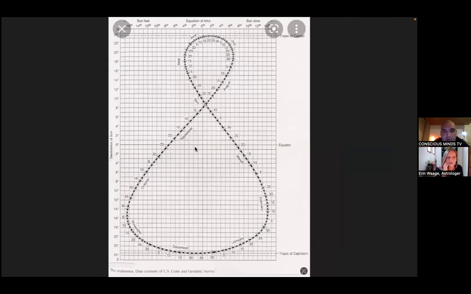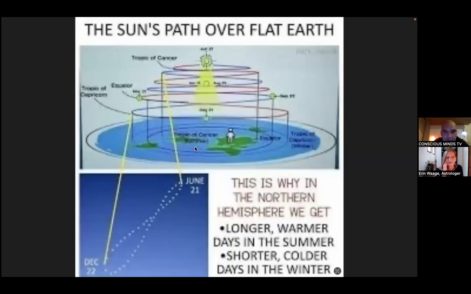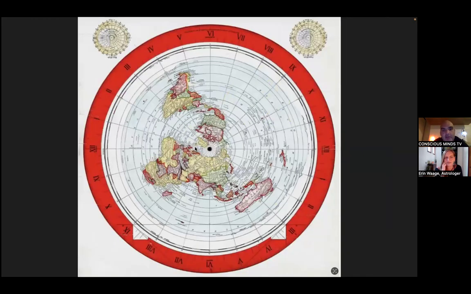There you go. So what I was going to show you, Erin, is, for example, on a flat Earth map. You're in California, so you'd be roughly here, right? So this line here, once the sun reaches it, the sun's going around like this, basically, it just travels around.